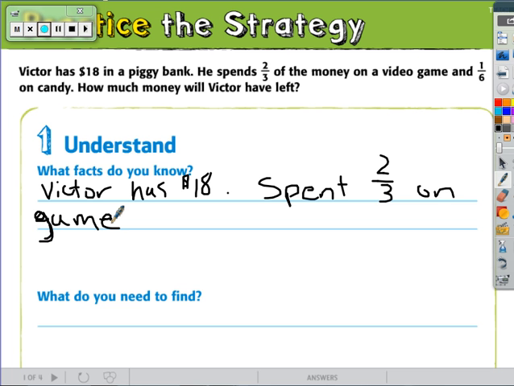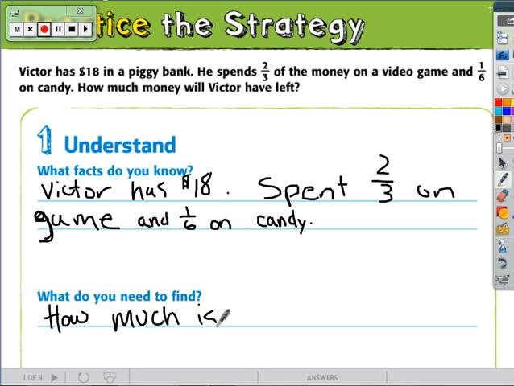And we know that he spent 1/6 on candy. So that's what we know, right? What do we need to find out? How much is left?